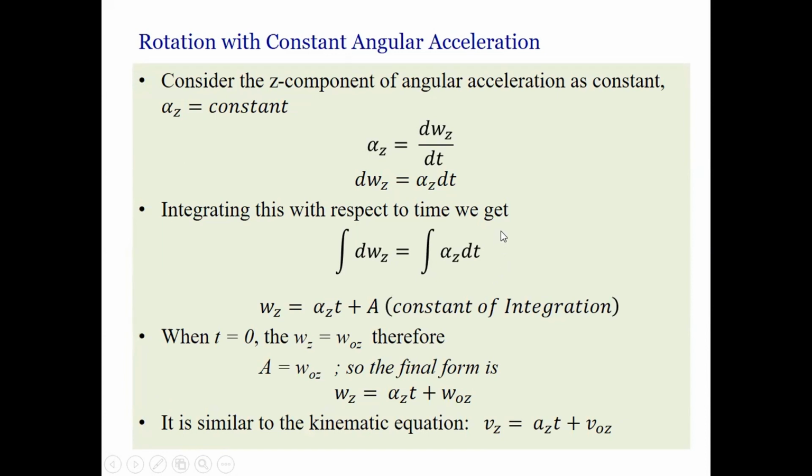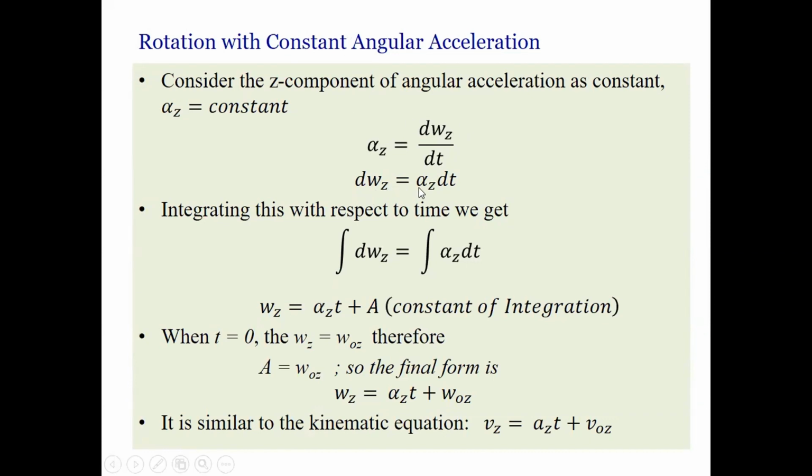If rotations are considered, then let us consider a simple example of constant angular acceleration. Consider the z component of the angular acceleration as a constant, alpha z is constant. Then d omega z over dt is constant.